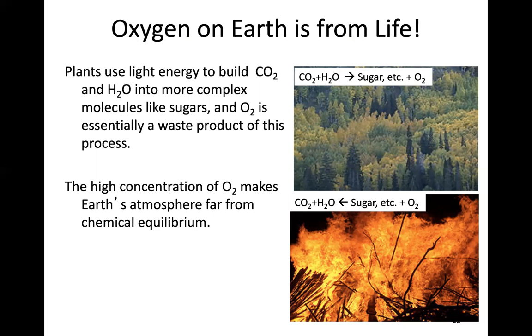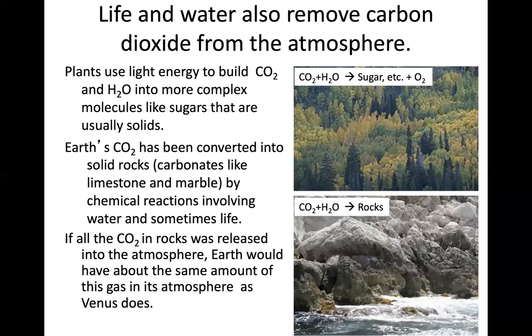But in addition to producing oxygen, processes like this also remove carbon dioxide. It turns carbon dioxide into wood, which is a solid, which might turn to coal or oil, which are liquids and solids. And this is not the only way that can happen.